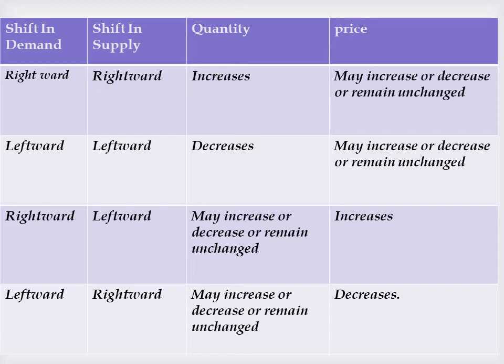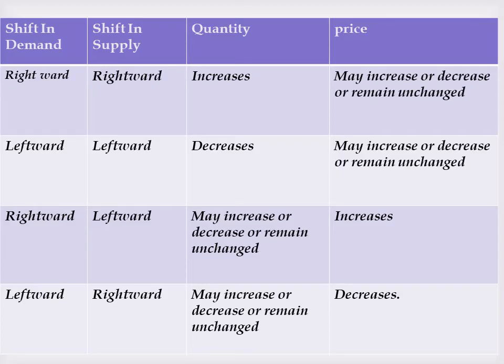The second case is where the demand curve and supply curve shift leftwards. The equilibrium quantity decreases and the equilibrium price may increase, decrease or remain unchanged. If the demand curve shifts to the right and the supply curve shifts to the left, then the equilibrium quantity may increase, decrease or remain unchanged.